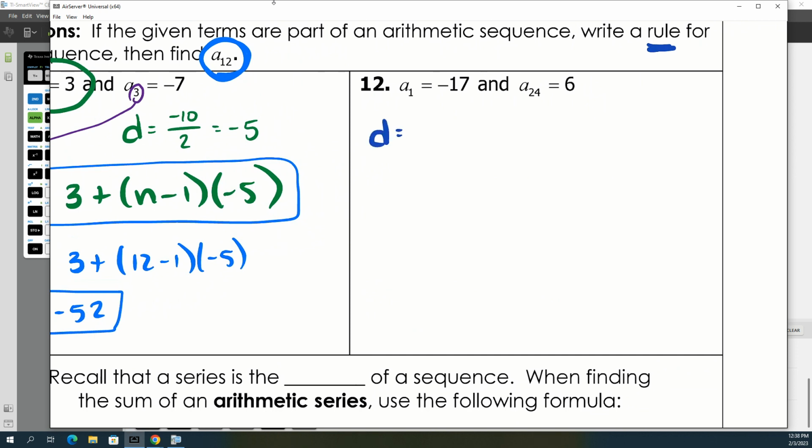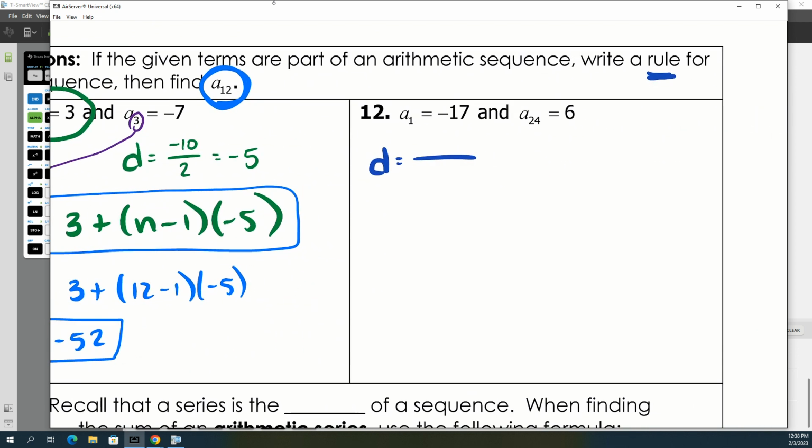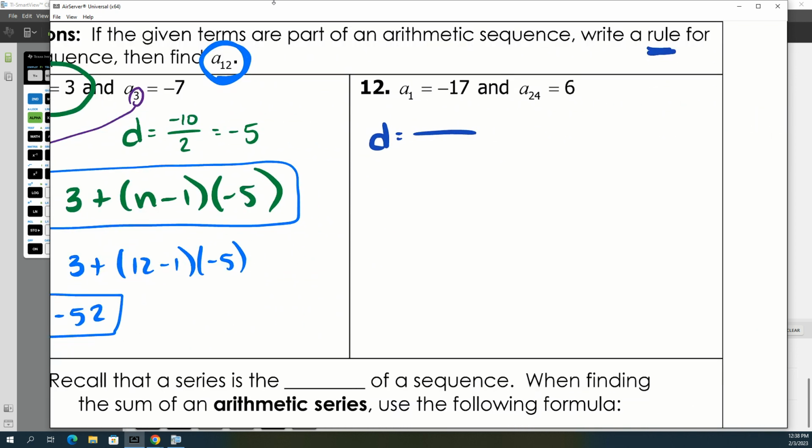So these are not consecutive terms, so we're going to have to do kind of like the slope formula, where we actually subtract the 6 minus negative 17 on the top. And then what should we subtract on the bottom? 24 minus 1. There you go, 24 minus 1.